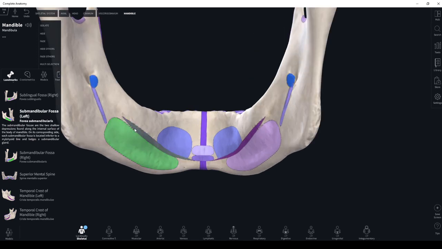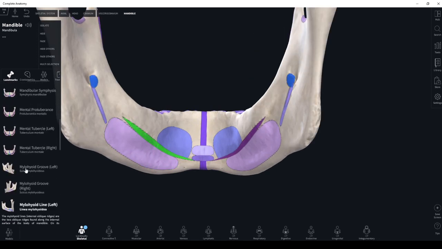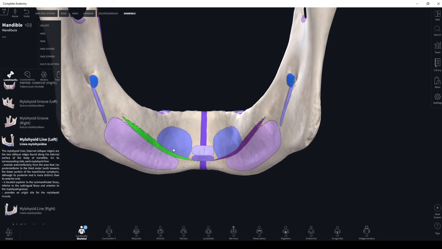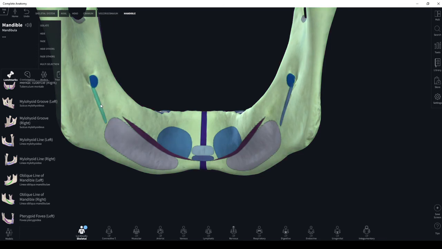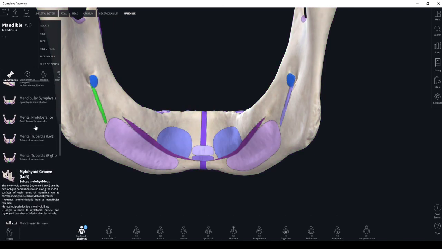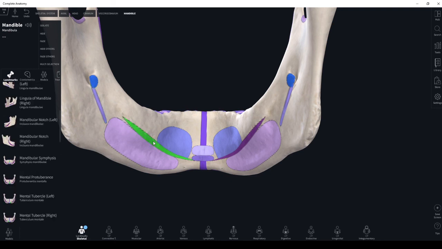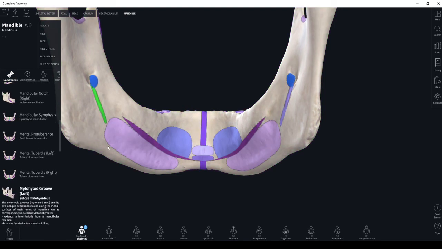Above it, this oblique line is called the mylohyoid line. That was the mylohyoid groove, sulcus, and mylohyoid line on the same side.